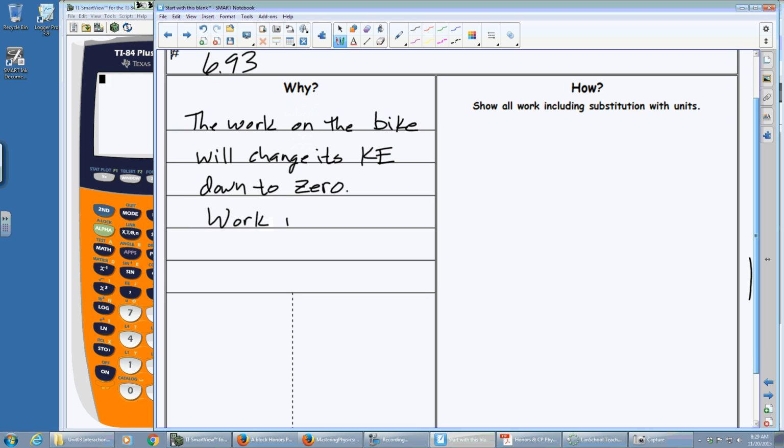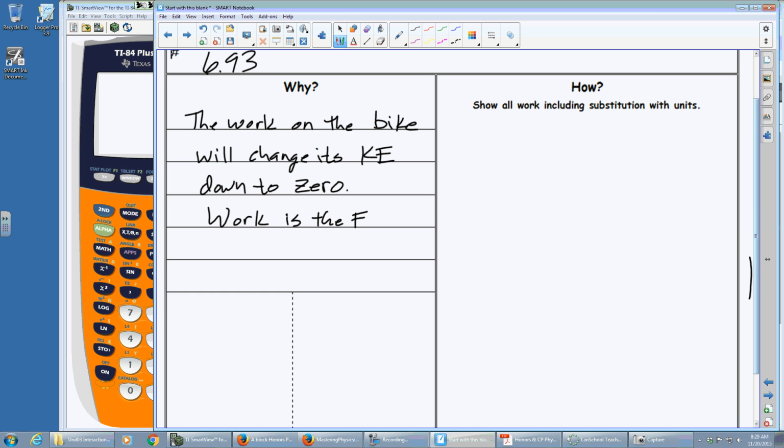Work is created when a force acts through a distance.